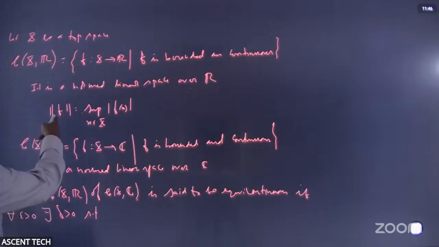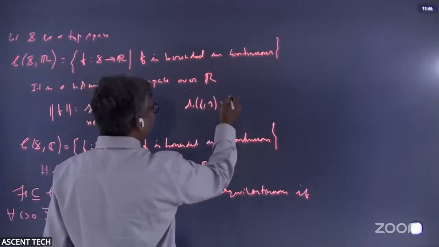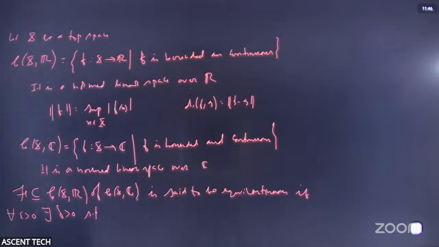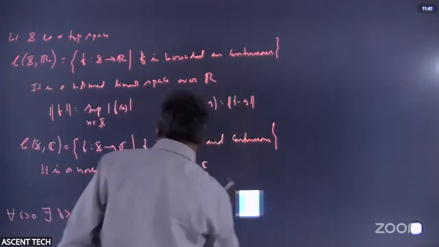The metric is coming from here: d(f,g) equals the norm of f minus g. Remember that? Oh, I see. Maybe I should allow X to be a metric space to talk about this. X should be a metric space here.